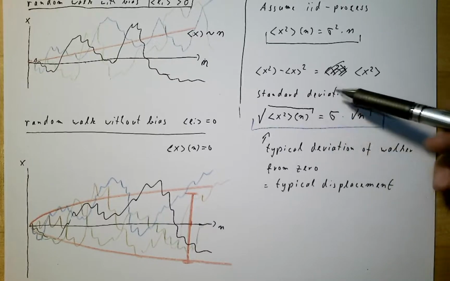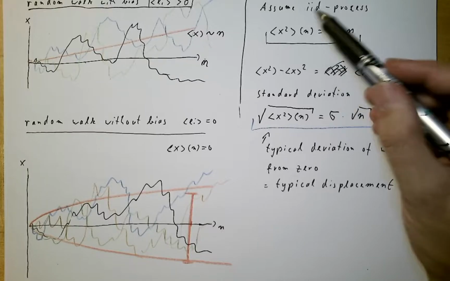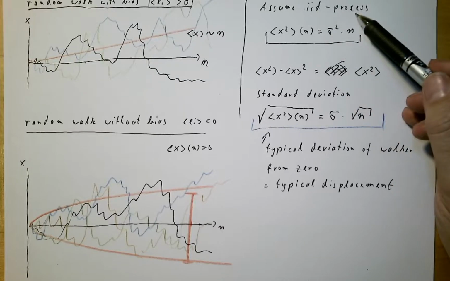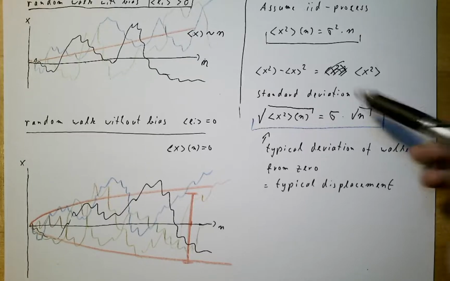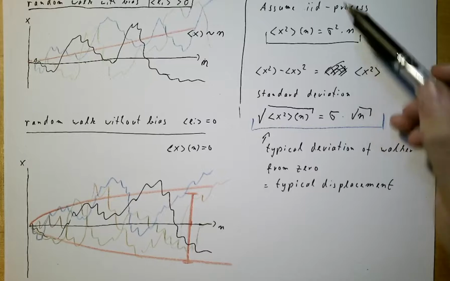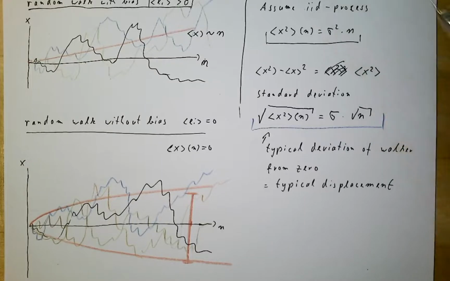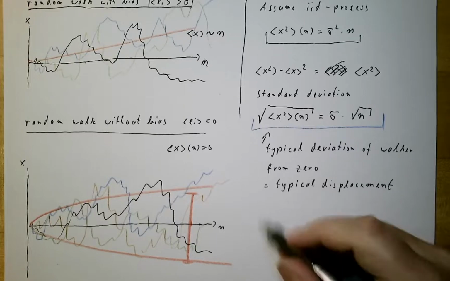And this holds only for an IID process. If we have a process with some memory, it's not clear if this holds. But for an IID process, if we have independent random numbers, the displacement goes with the square root of time. So maybe let's write this down.